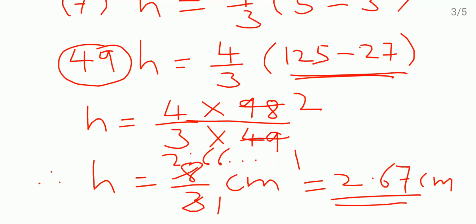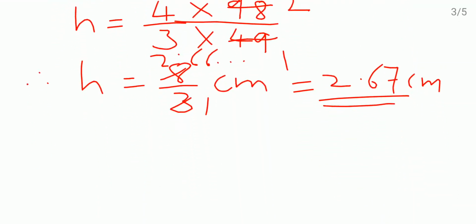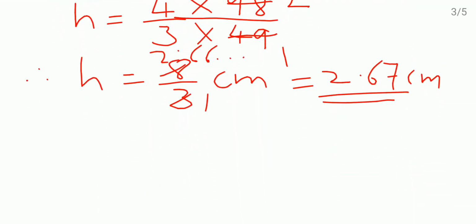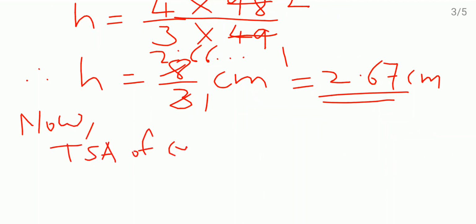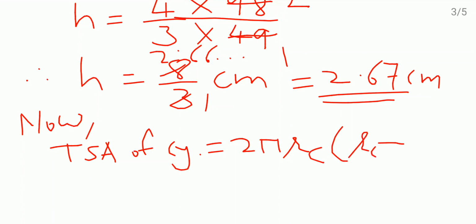Now what have they asked us? Total surface area of the cylinder. So let us find it out. TSA of cylinder. The formula is what? 2 pi r in the bracket r plus h.